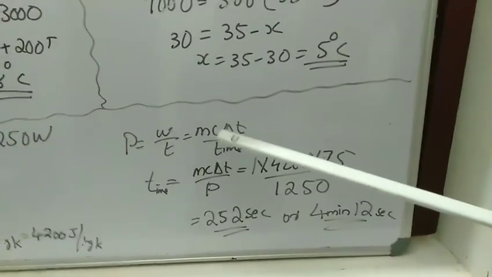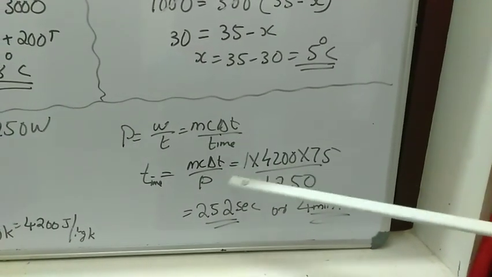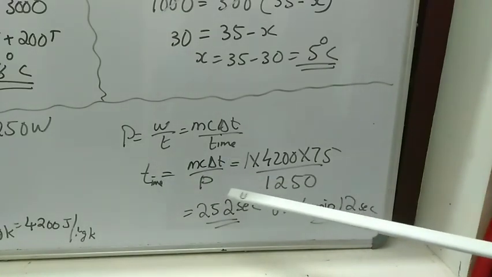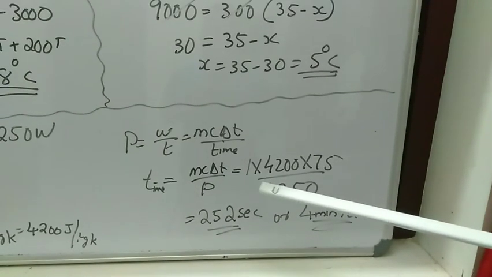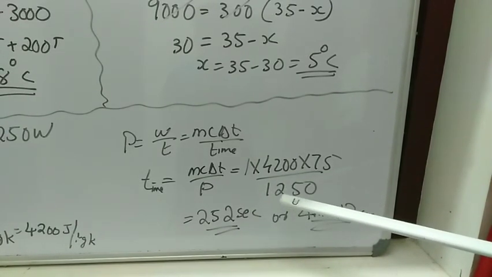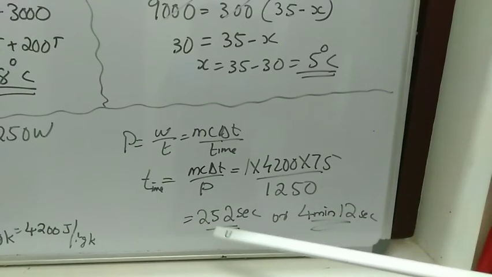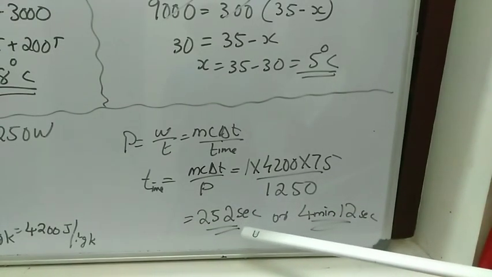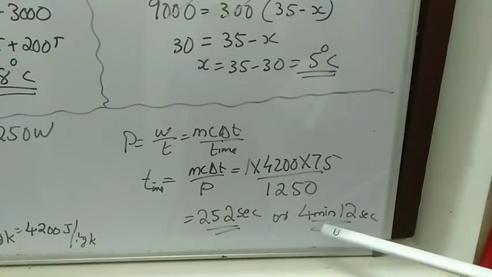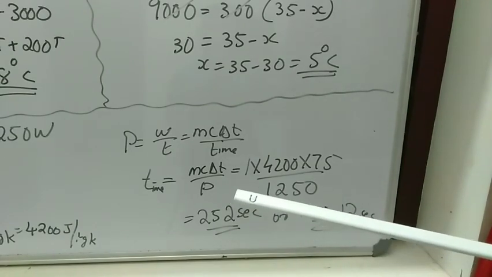Work is energy. Energy here is heat energy. MC delta T by time. Now cross multiply. Time is equal to MC delta T by power. Mass is 1. 1 into 4200 into 75 divided by 1250. You will get the answer 252 second. Or we can convert it into minute and second. 4 minute 12 second. So this is the end of the numericals of chapter 11a.